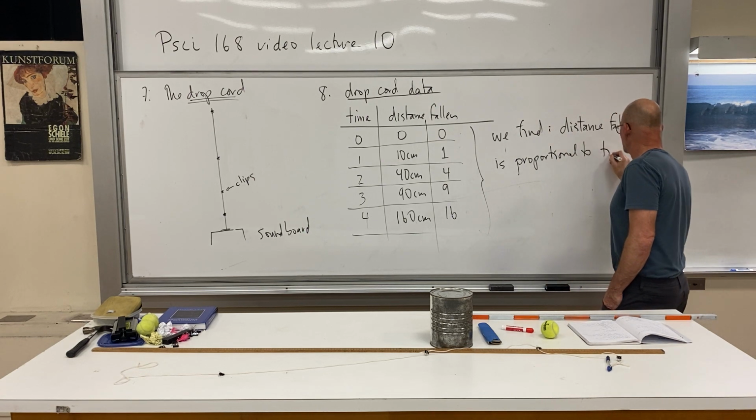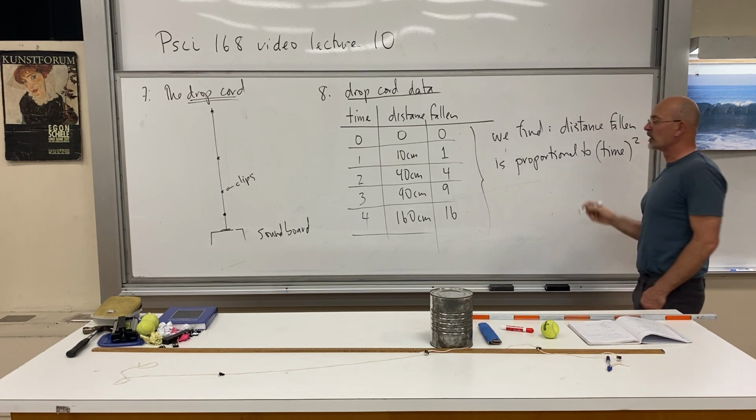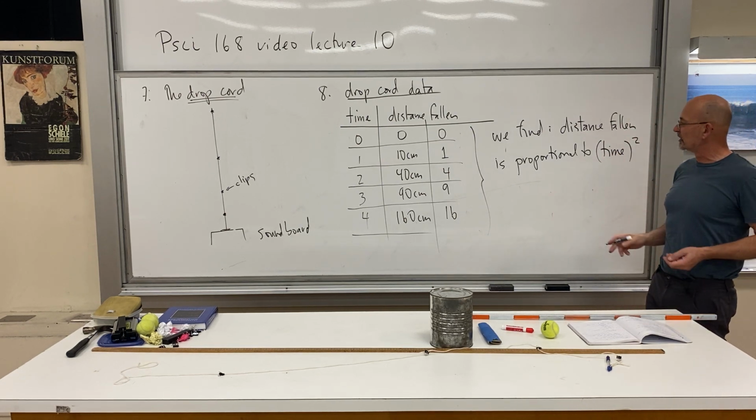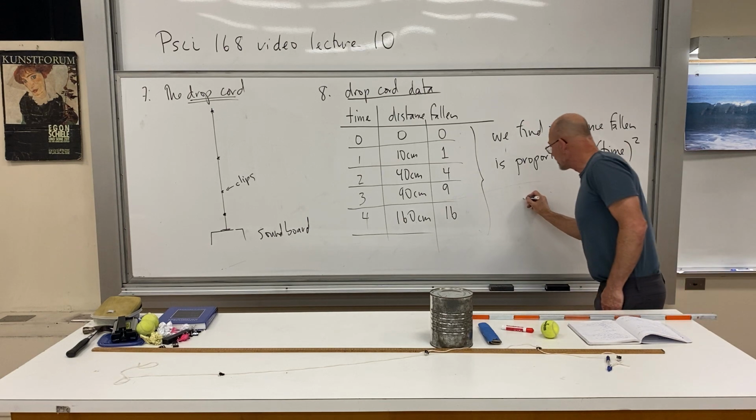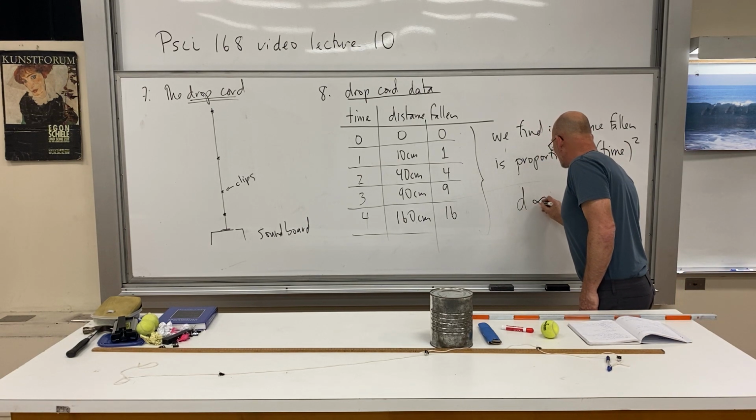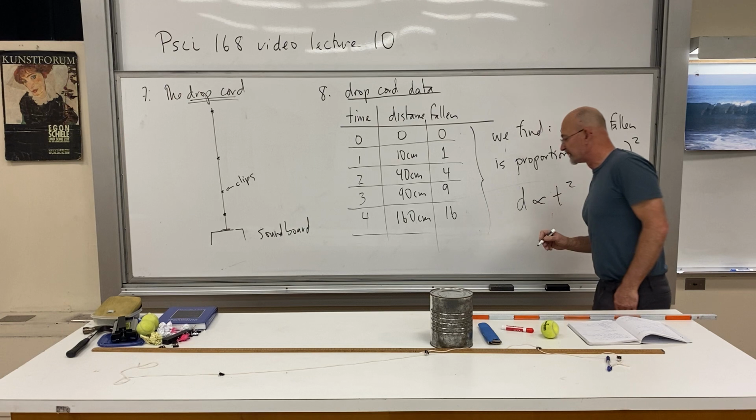Proportional to time squared. Okay, or write that down in words if you want. Distance fallen is proportional to the time squared.